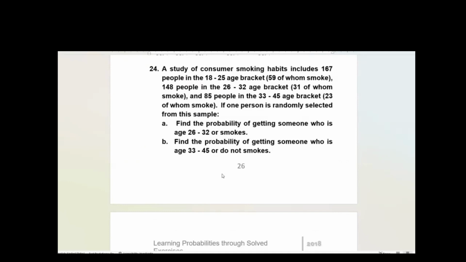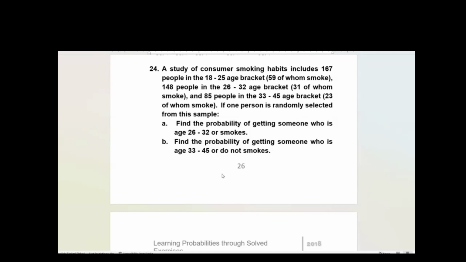If one person is randomly selected from this sample, find the probability of getting someone who is age 26 to 32 or smoke. They also say to find the probability of getting someone who is age 33 to 45 or does not smoke. Well, the problem here is clear.